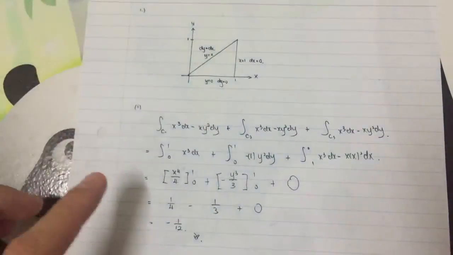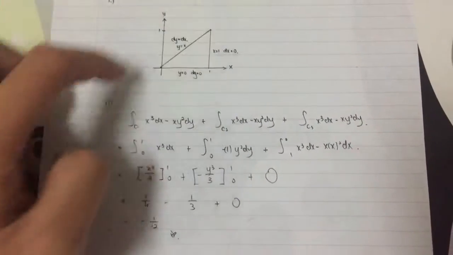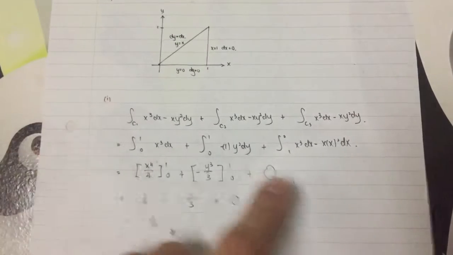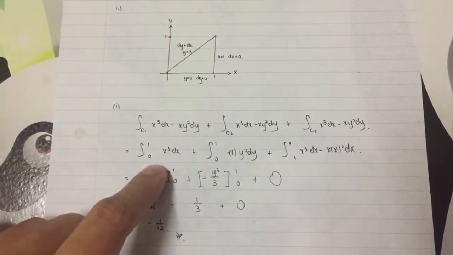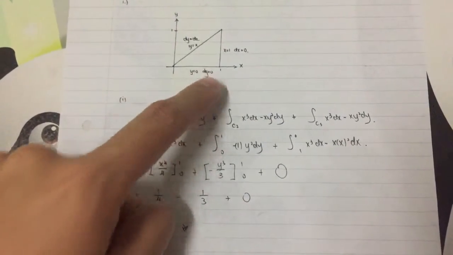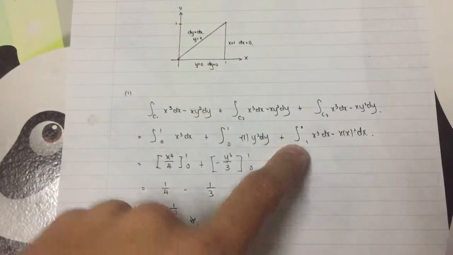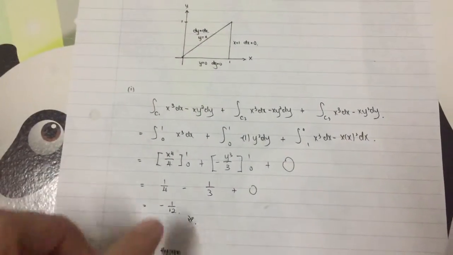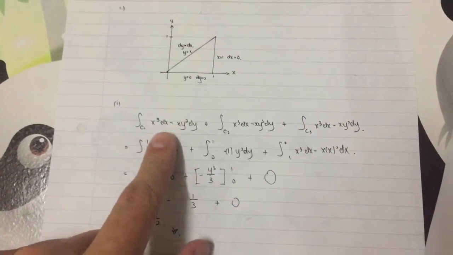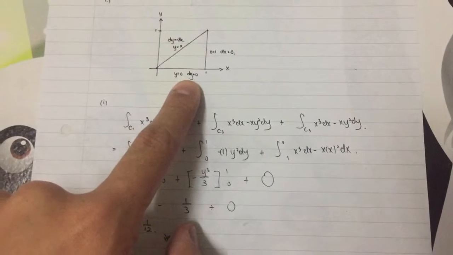These three equations are actually the three paths integrated and added together, where this part is x from 0 to 1, and this part is y from 0 to 1, and this part is from 1 to 0.